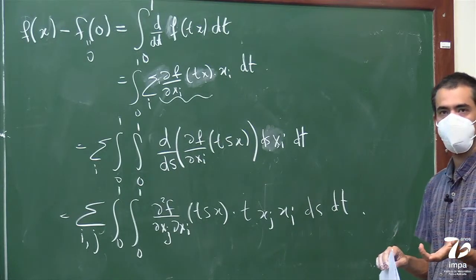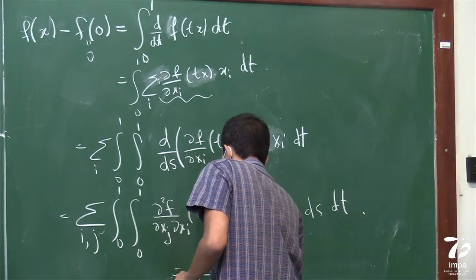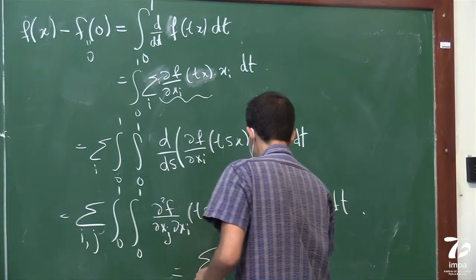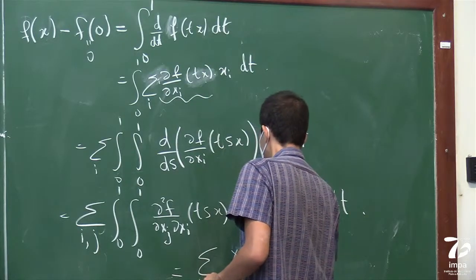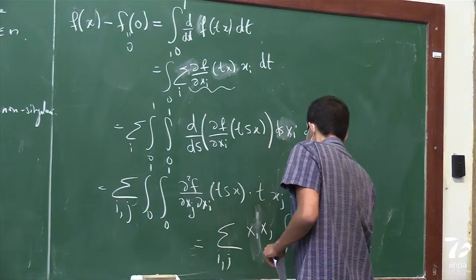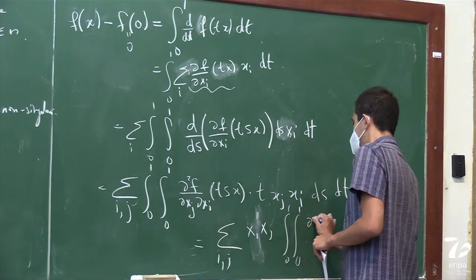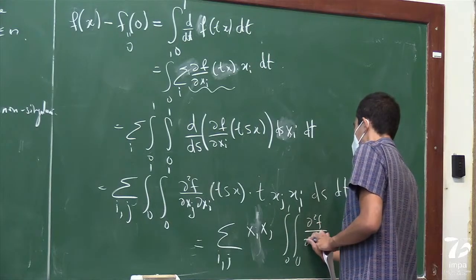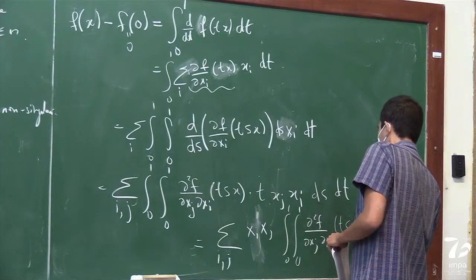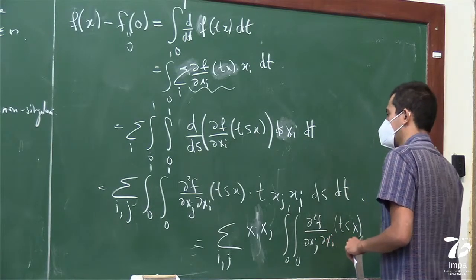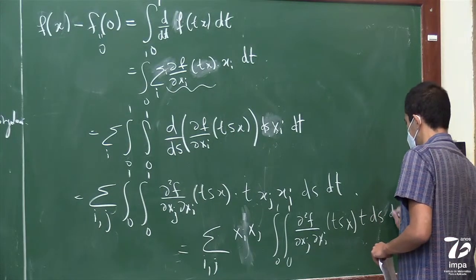So now you see what I want. So now you can write this. This is going to be the sum over ij of xi xj, and then times this double integral of d2f dxj dxi of tsx times t ds dt.